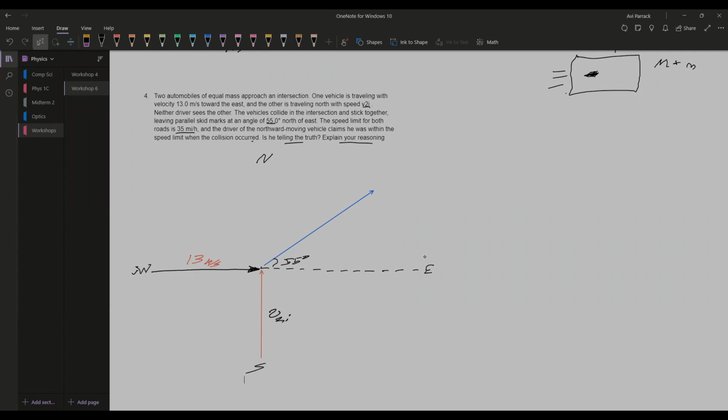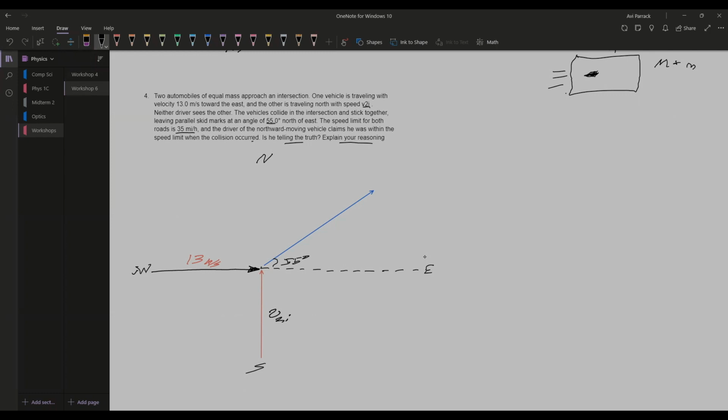So what's happened is the one car was traveling due east, the other car was traveling due north, and now their combined velocity is in this northeasterly direction. Okay, let's go qualitative before we get into the math.